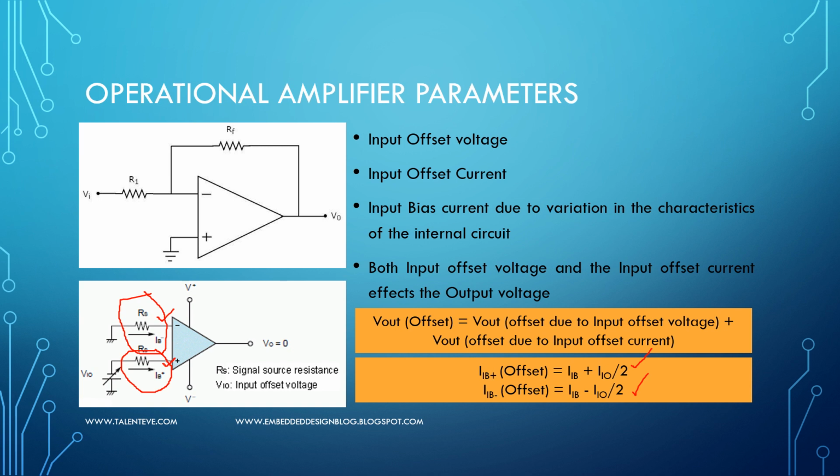So these affect the usage of operational amplifiers in real-time circuits. Some op amps have a very low offset voltage and current, while some op amps have a high offset voltage and high offset current. So depending on your application, depending on the accuracy that you need over the output, we select our operational amplifier.